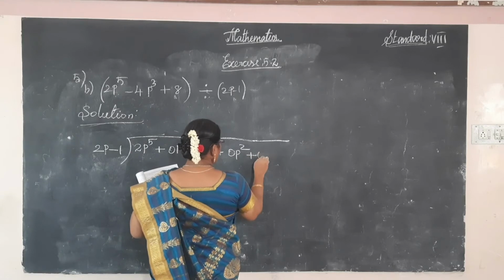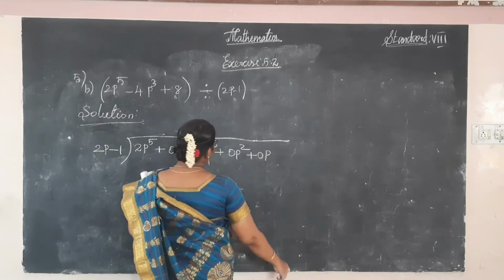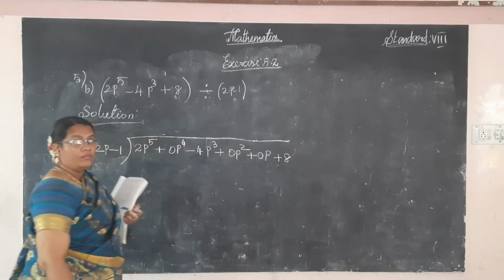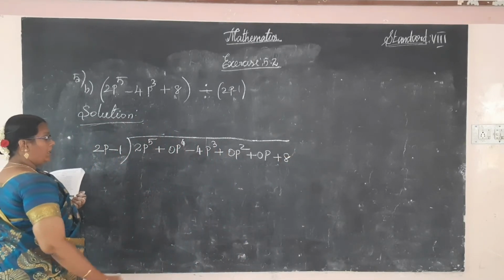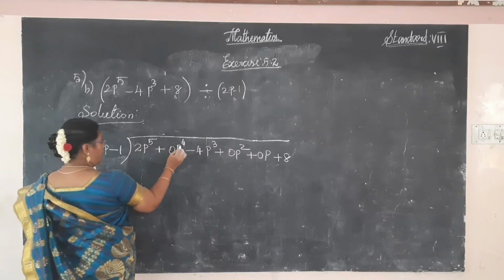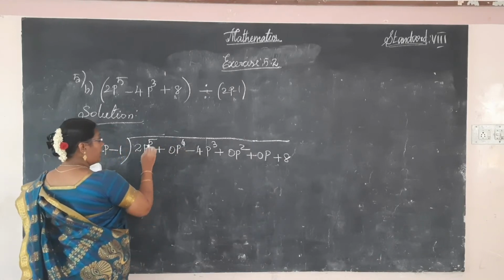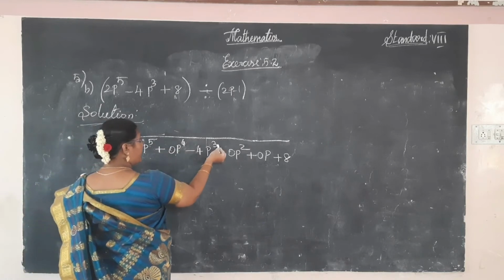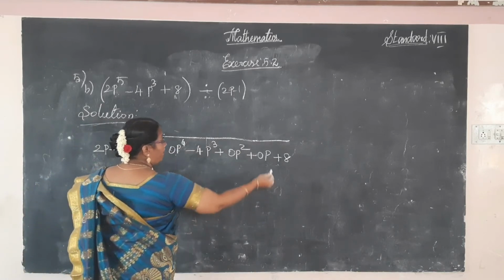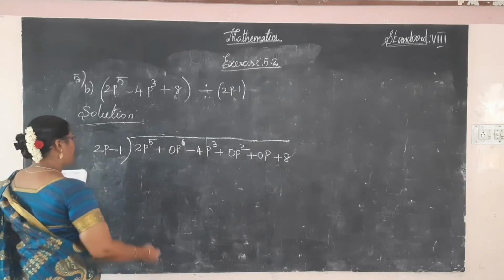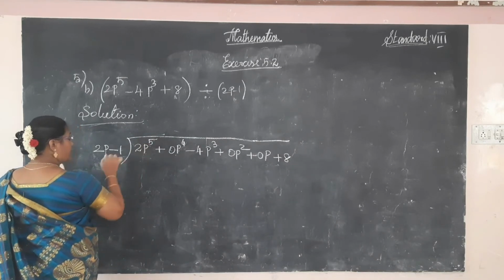So plus 0p, okay, plus the constant term. Do you understand this? Okay, how can you write the power in descending order of the variable: p power 5, p power 4, p power 3, p power 2, and p and the constant term. The degree of the constant term is 0. Okay, right. Now we have to find the quotient.